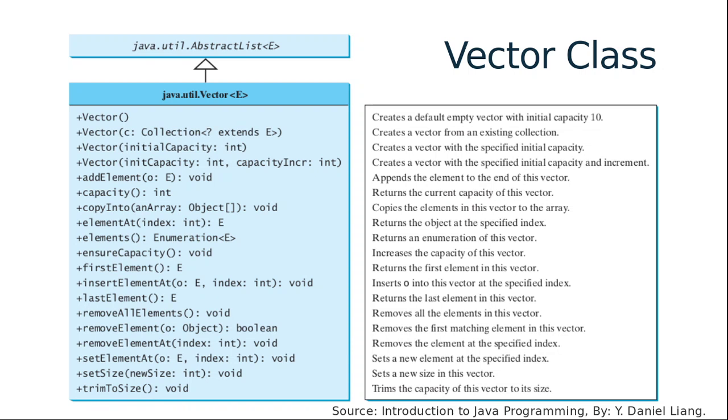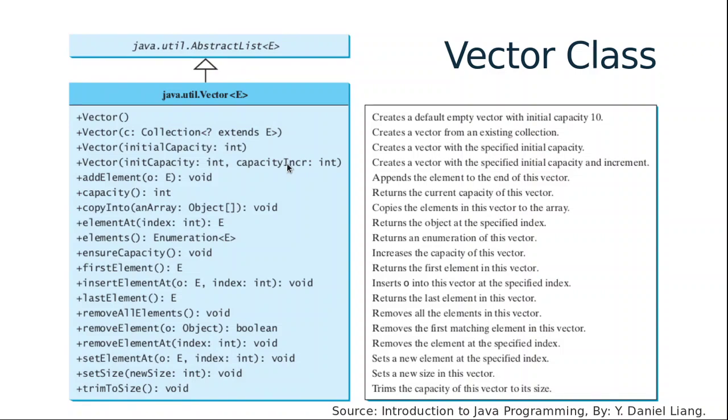So let's have a look at vector. What are the methods in vector? There is a no-argument constructor which will generate a blank vector. Then there is a vector constructor with one parameter collection, a vector constructor with one parameter initial capacity, a vector constructor with two parameters, initial capacity and the capacity increment value.